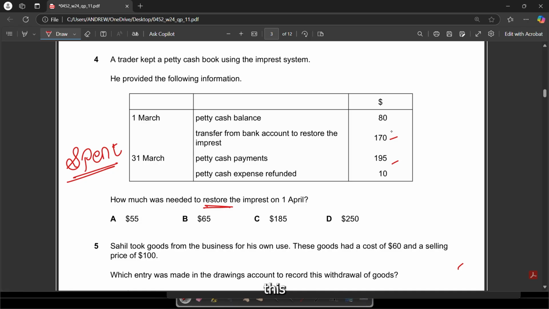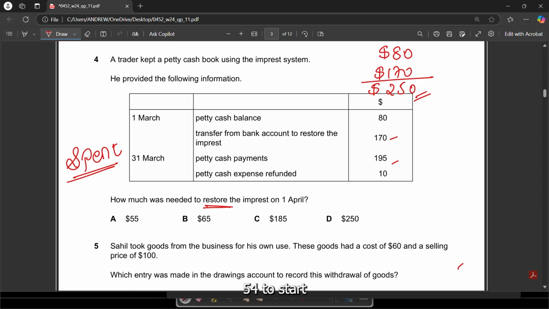If you can see, my petty cash balance was already 80 and they transferred from their bank account 170. So the imprest amount needed was 250.